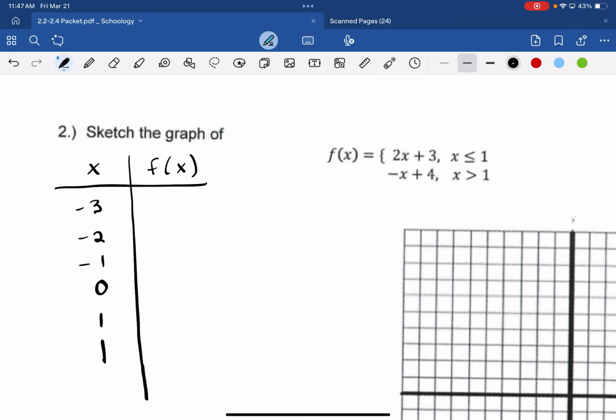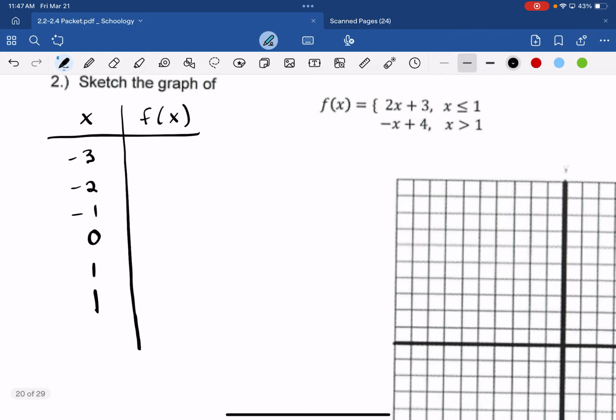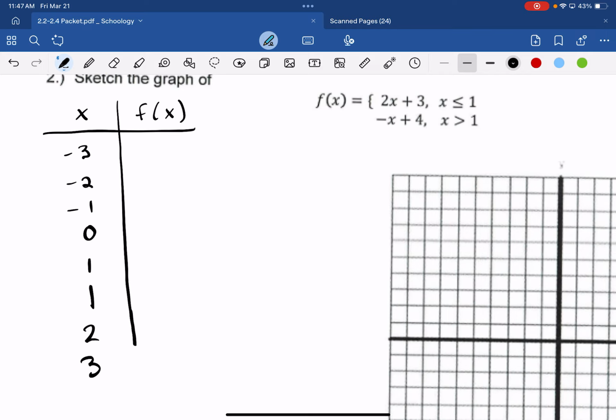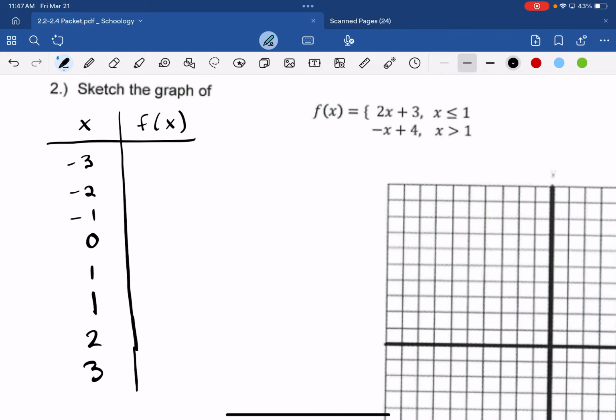Because I'm going to do it once for one of the equations, once for the other. And then let me pick 2 more here. Okay, so there's a lot of x values. We're not used to testing this many x values. Typically we did like 5. But we're kind of testing 2 different equations.